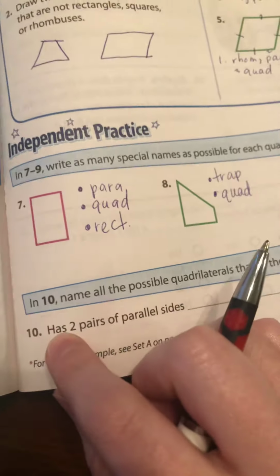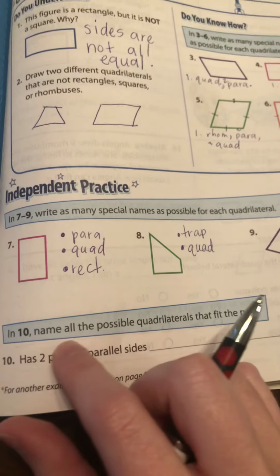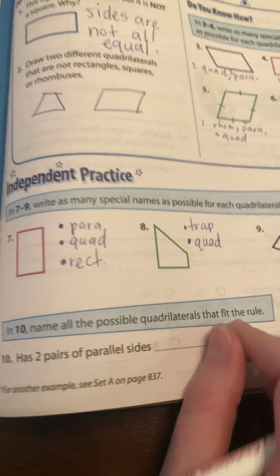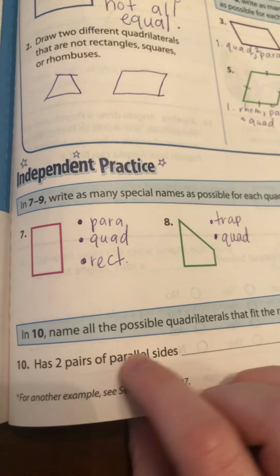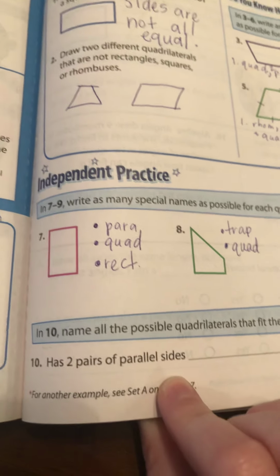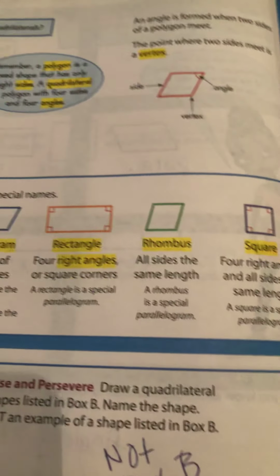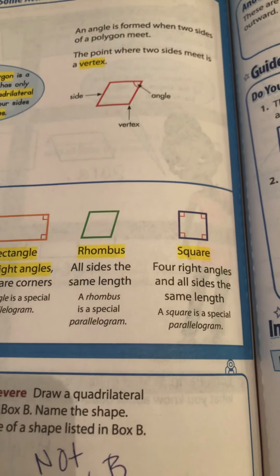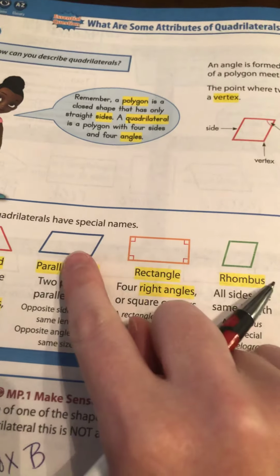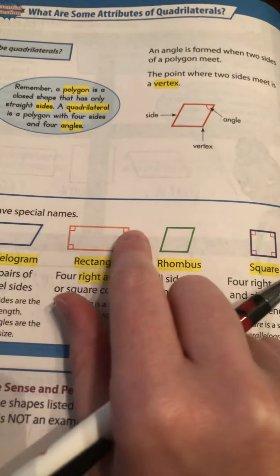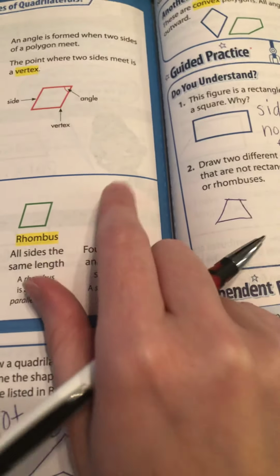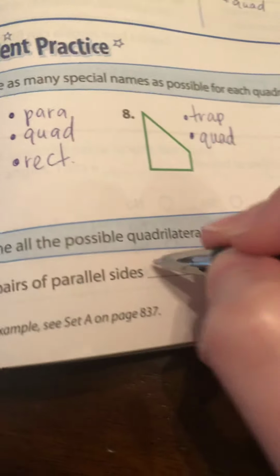All right, let's look at the next one. Number 10, name all the possible quadrilaterals that fit the rule: has 2 pairs of parallel sides. Okay, parallelogram, rectangle, rhombus, and square. These are all shapes that have 2 sets of parallel sides that are going to go on and on forever and ever and never touch.